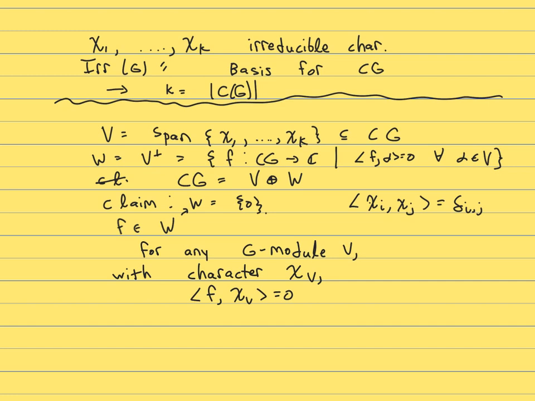In particular, if you take any of the irreducible representations, you're going to get the inner product to be 0. Remember that this means that you're looking at the dimension of a Hom space.